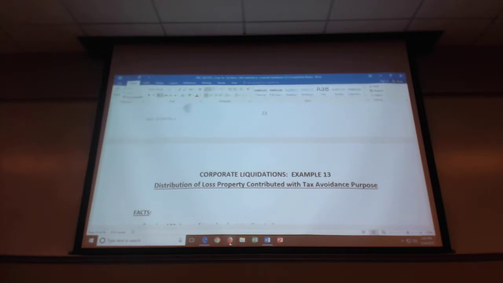It seems like a far-fetched fact pattern, but there are people who are actually gaming the system to try to take advantage of these rules. And as a result, the way 336(d)(2) works is that the code looks to the amount of built-in loss at the time of the contribution, whereas the other rule, under 336(d)(1), looks to the amount of built-in loss at the time of the liquidation itself.